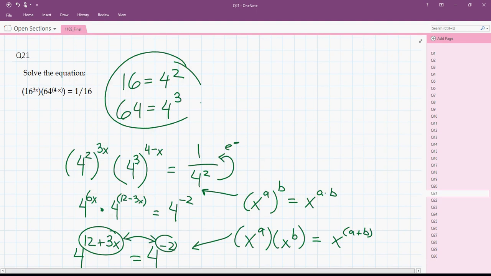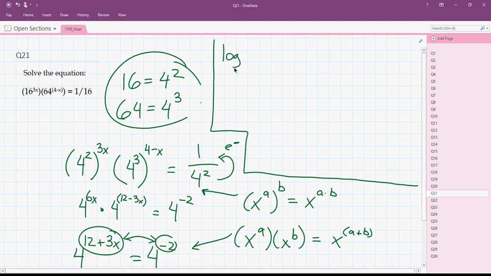If we couldn't have done that to put them all under the same base, then you would just have to take logarithms and see what happens, which we can also do if you'd like, as a more general solution. So a more general solution to this would be to take the logarithm of everything.